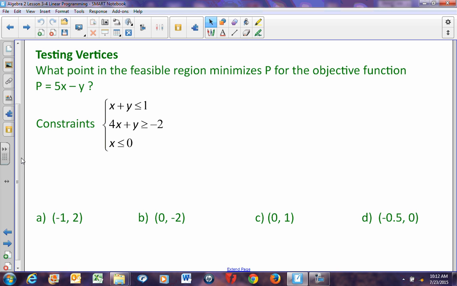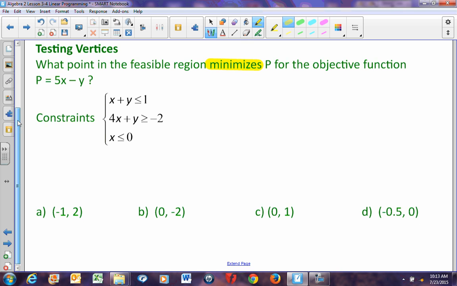So those would be the rules. That's what constraints means. So my constraints on my objective function are that x plus y is less than or equal to 1, or x plus y is greater than or equal to 2, and x is less than or equal to 0. So if I want to see what the feasible region minimizes, minimizes means smallest, lowest value.